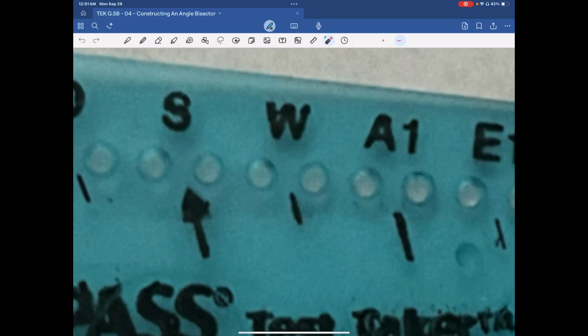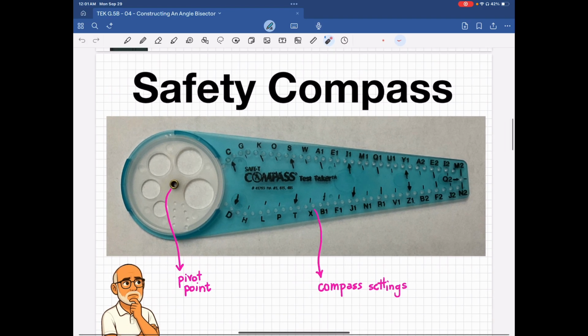So this would be the left hole, and this would be the right hole. When we do our constructions, we need to remember which hole we initially use so that we can repeat that when we do our second set of arc marks. So if we use the first hole on W, when we do our second arc mark, we need to place our lead pencil into this exact same hole in order to get an accurate construction, whatever that construction may be.